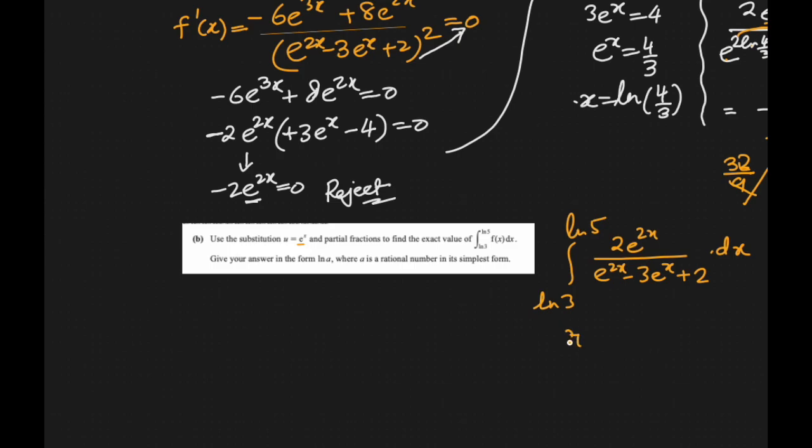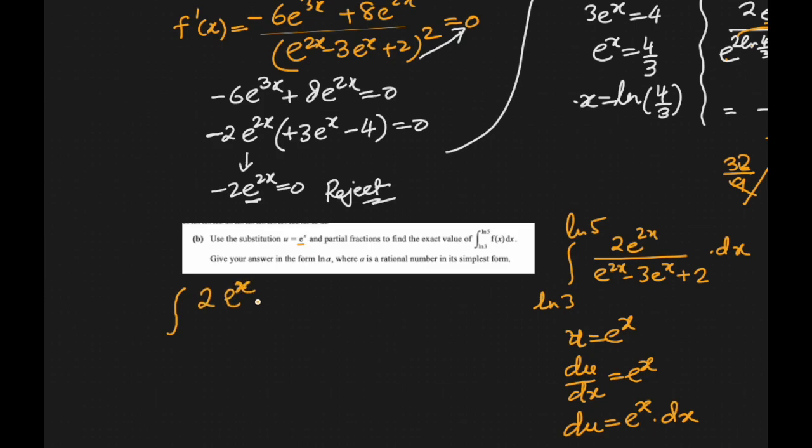So u equal to e to the power x. That means du over dx equals e to the power x again. So du equals e to the power x dx, right? Okay. So what does it become? The integration part becomes 2 e to the power 2x. I'll write e to the power x times e to the power x, and then dx.